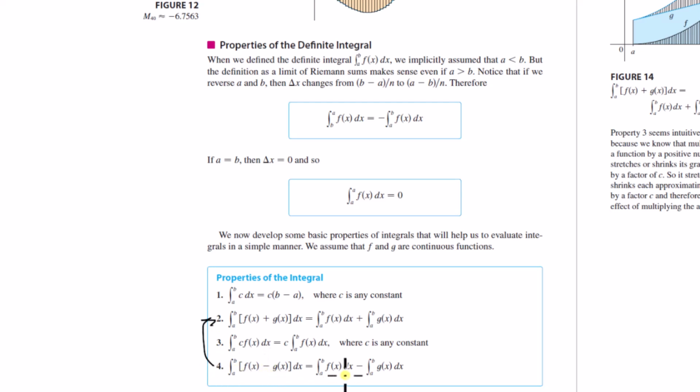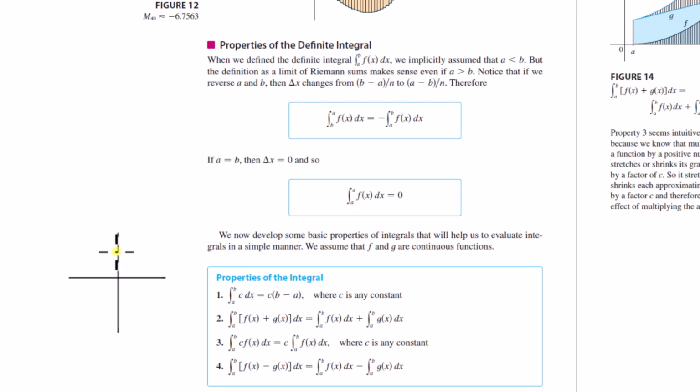Now, this first property makes sense because we talked about how you can manually evaluate an integral. If you have the line y equals x and you're doing the definite integral, well, just sum up the areas manually because you can calculate the area of a triangle. Well, what is the function f of x equals c?